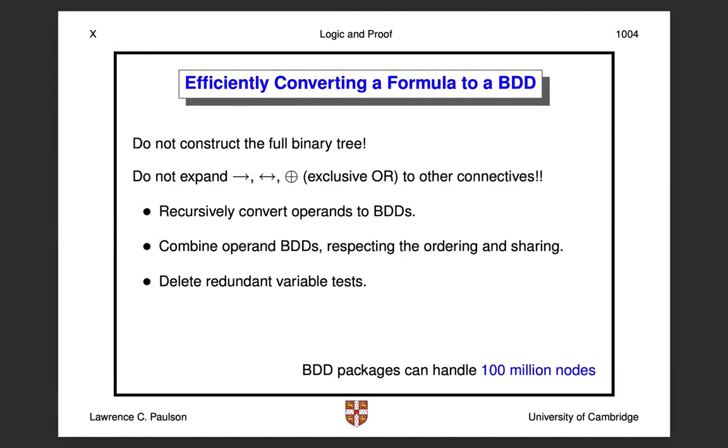Another point to stress is that unlike almost all the other proof methods we've seen in this course, we do not get rid of symbols such as implies, if and only if, or exclusive or. We haven't actually used exclusive or.